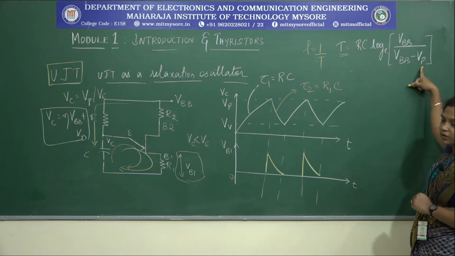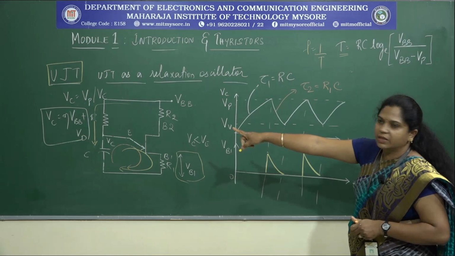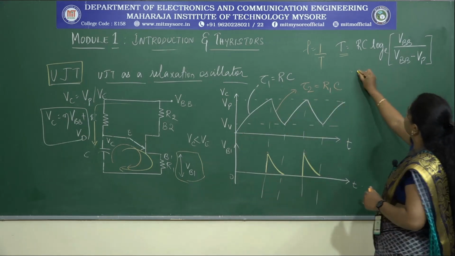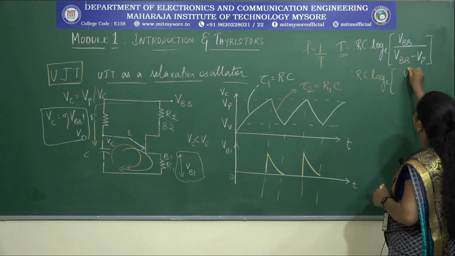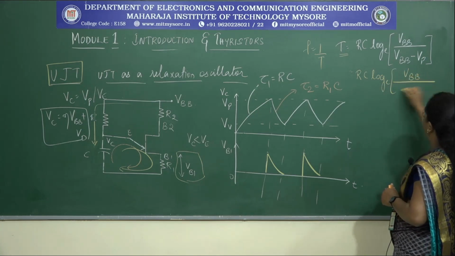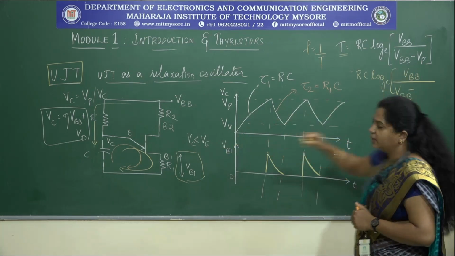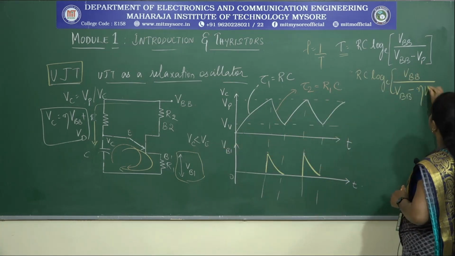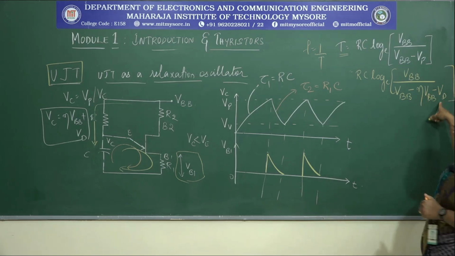We already know that Vp is nothing but eta VBB plus Vd. So, when we substitute here, RC log to base e of VBB divided by VBB minus, instead of VP we add eta VBB, take the minus sign inside. So this is how the equation goes.